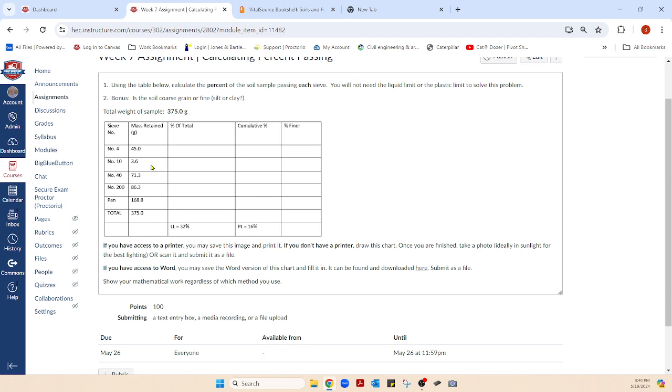I'm going to do the next one to make sure I'm doing it right. If it doesn't look right, I don't like it. Let's do this first one.